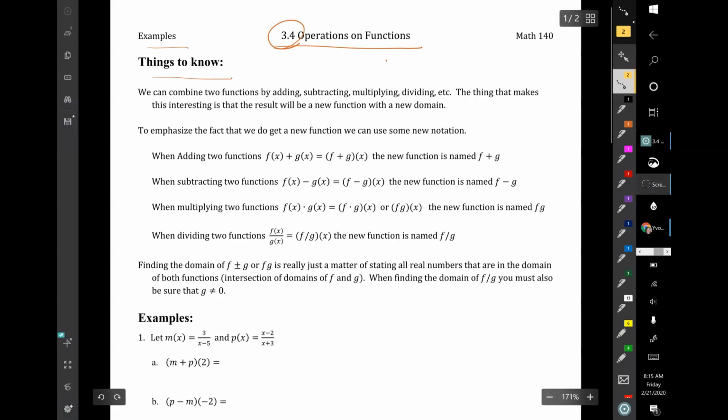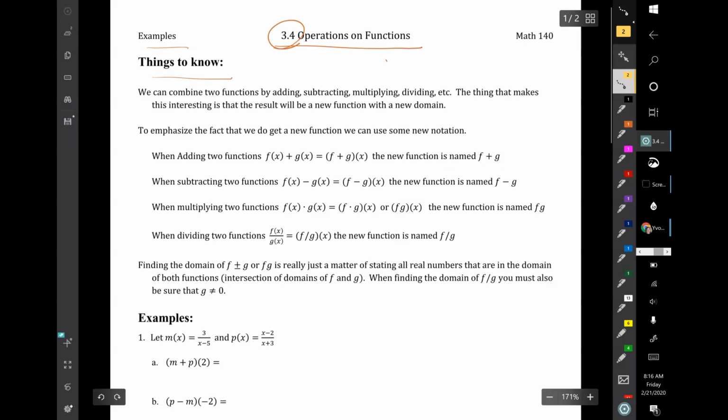One other thing is we want to emphasize the fact that we do get a new function, and we can use some new notation. When adding two functions, we have f of x plus g of x, and we can actually write that as f plus g of x. The new function is named f plus g.